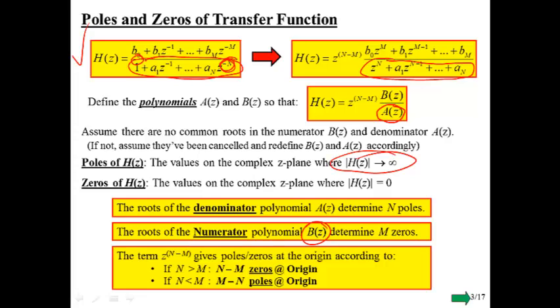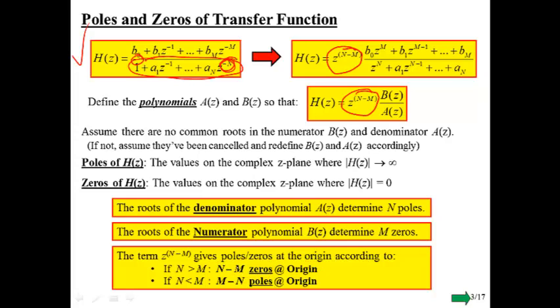And then we also have to take into account the fact that if m and n are different, there's going to be this term out in front, and we have to account for what that does. If n is greater than m, then this gives us a z term to a positive power out in front, and that'll give us n minus m zeros at the origin of the z plane.